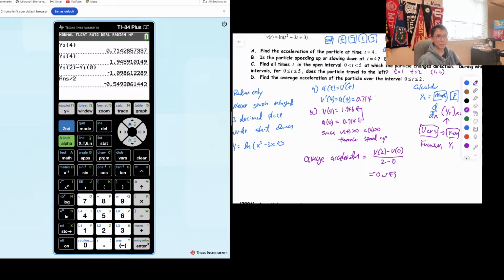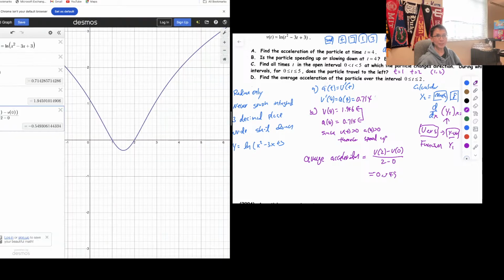So interesting question. Now that I know how to do this, let me ask you questions. If I make this question a little bit harder, I can ask you, between 0 and 3, when is the particle furthest left?